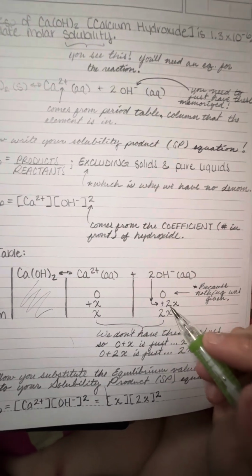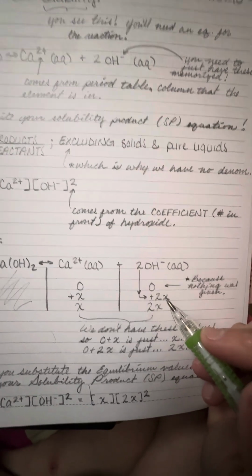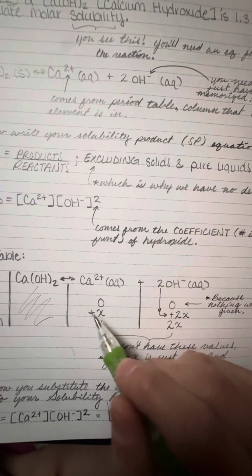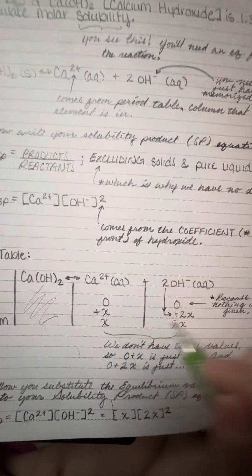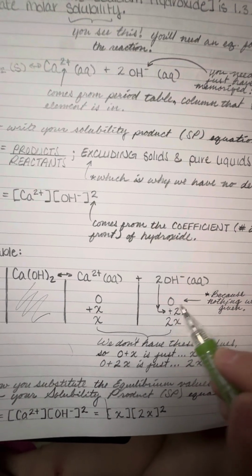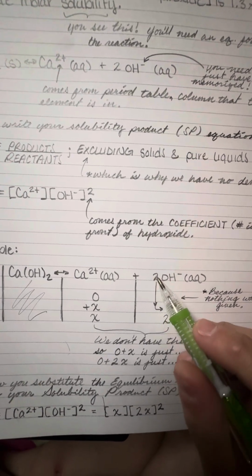Now why is it an x? You're multiplying by whatever this is, so it's changing by that value. This value is changing by 2 times that value because of that 2.